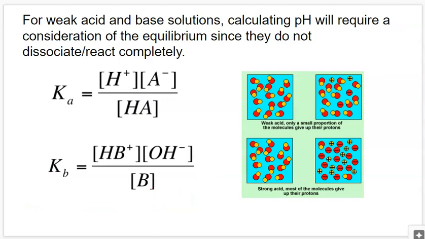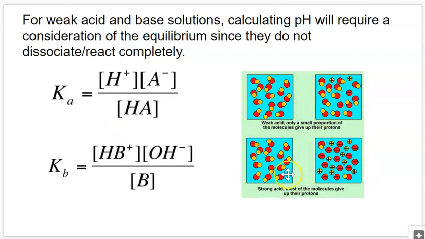All right, now it's time to talk about weak acids and weak bases. Since these are based off of equilibrium, the calculations for these are going to be a little bit more complicated because we need to consider the equilibrium constants and the extent by which the acid is dissociating or the extent by which the base is gaining protons. And this picture here just shows you the difference between what a weak acid solution and a strong acid solution is going to look like.